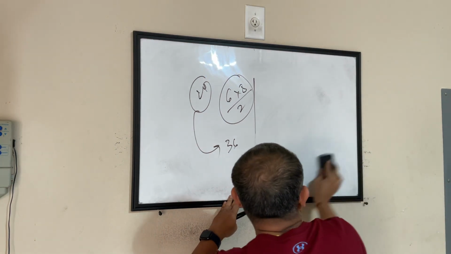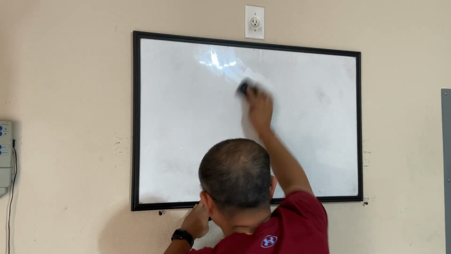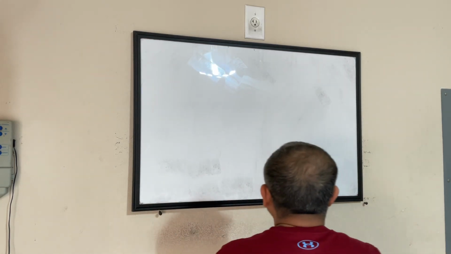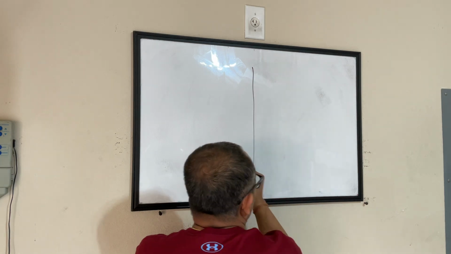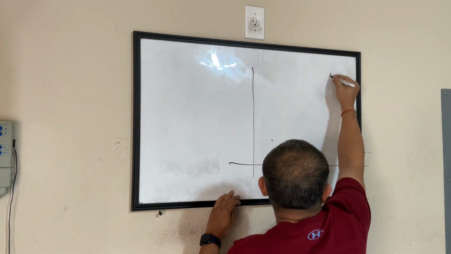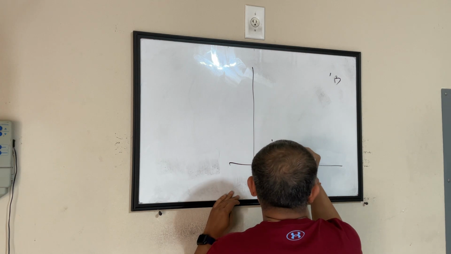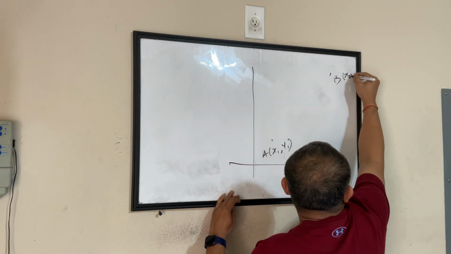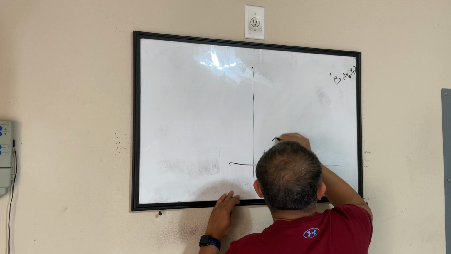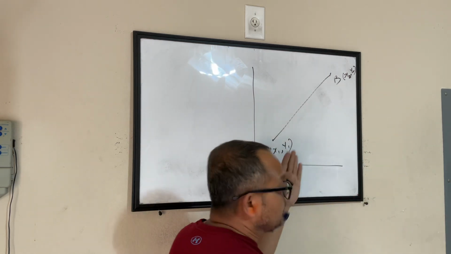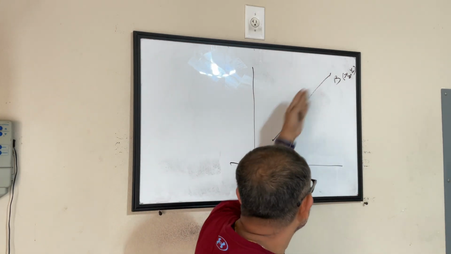The only thing I would want to write again here, for the kids who have joined a little late, is that the section formula talks about if I have 2 points A and B with the coordinates x1, y1, x2, y2. If I join these two, you guys know how you apply the distance formula to find out the length.